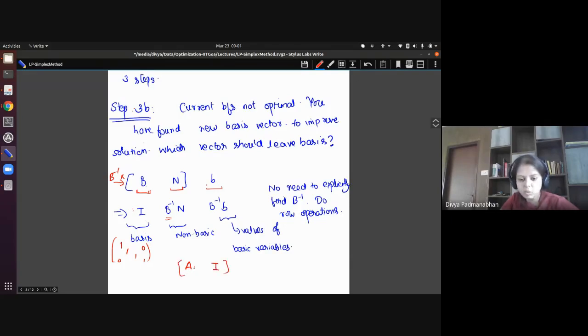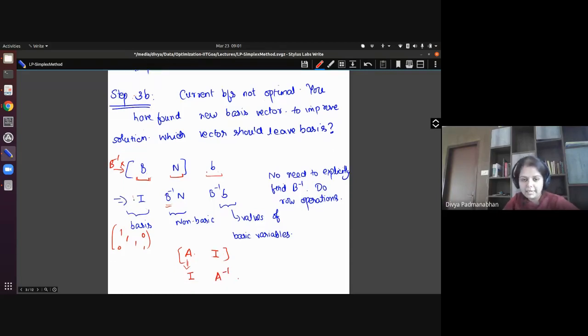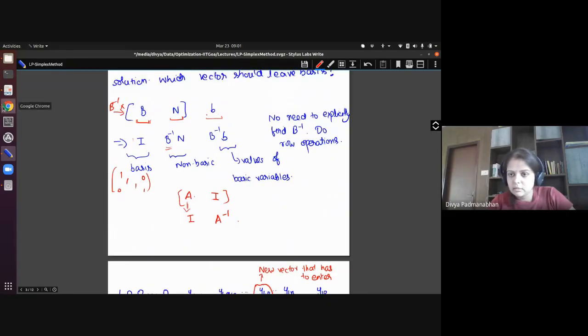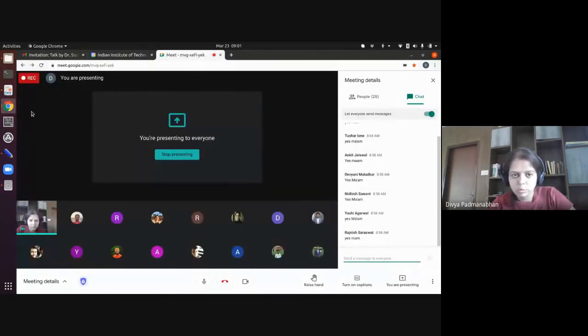You do row operations on both so that you transform A to I. The same row operations applied to I give you A inverse. That's the whole overall idea, and you can achieve this with row operations. I hope you remember this.